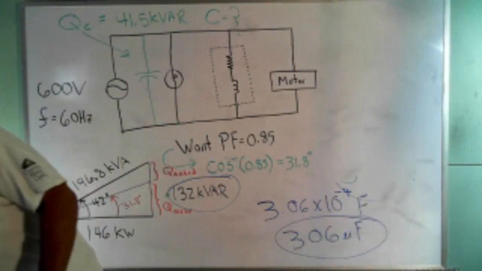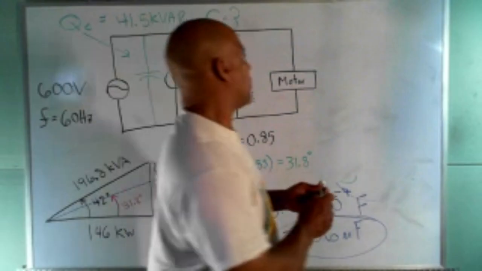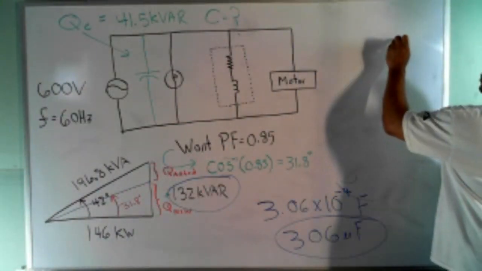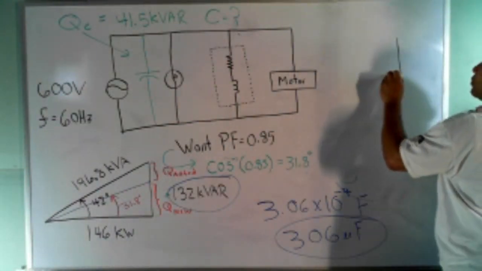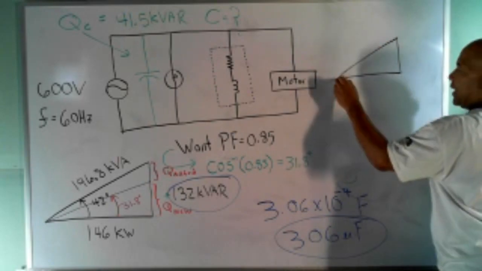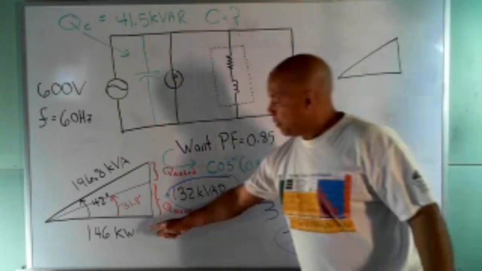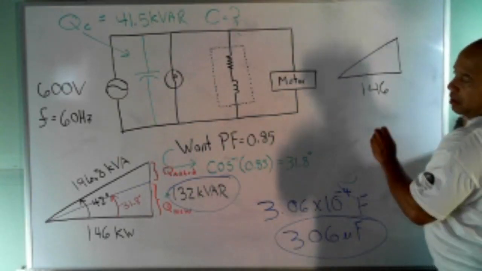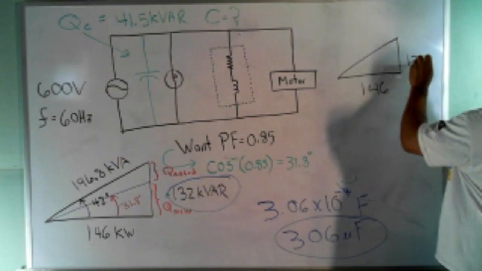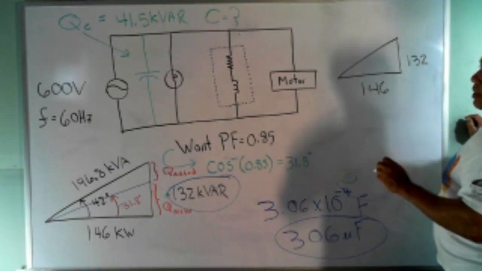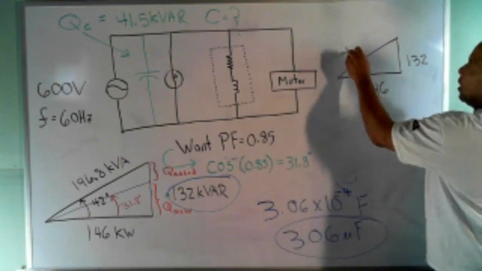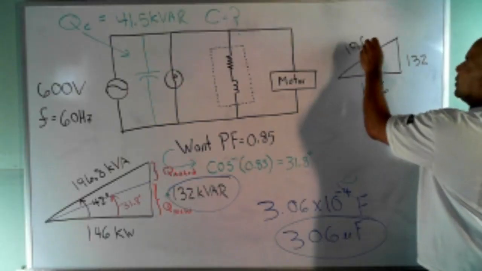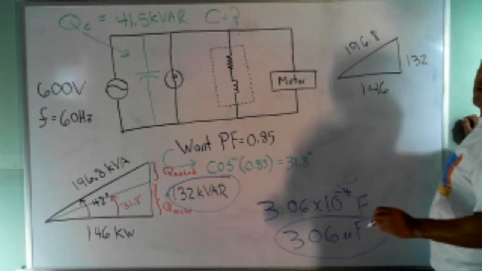All right, so here is before. Now this we kind of already got, right? Because we got 146 base. We got 132. 196.8. So this is before.